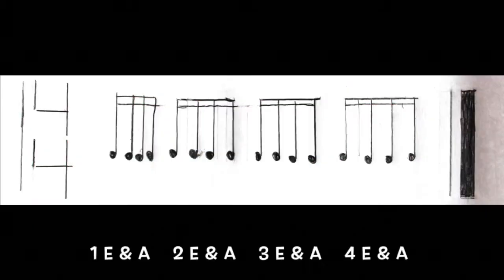Instead of just 1 and, 2 and, 3 and, 4 and that are used when counting 8th notes, we will count 1 E and a, 2 E and a, 3 E and a, 4 E and a, thus breaking down the beat into even smaller fragments.